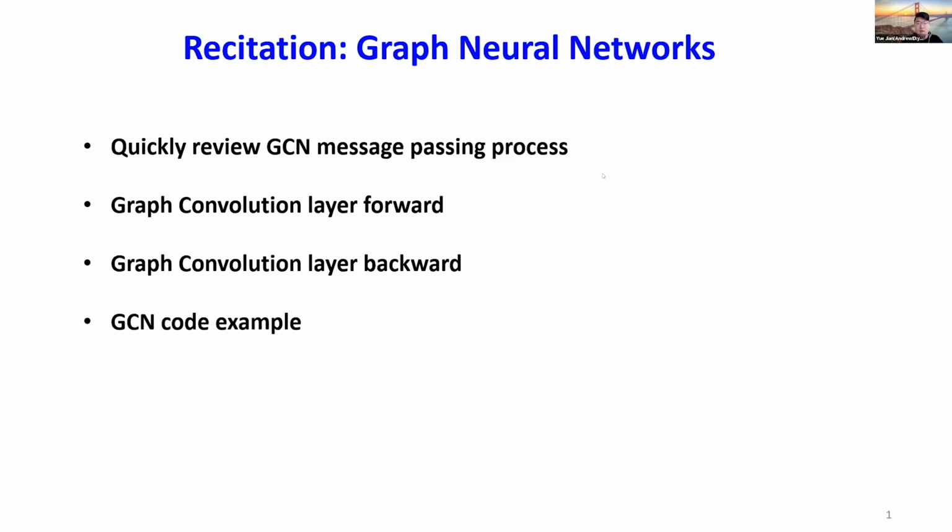So before we move on to the math parts, let's review what we have learned in the last lectures. We have learned that a single GNN layer generates the node embedding based on the neighbor environments.